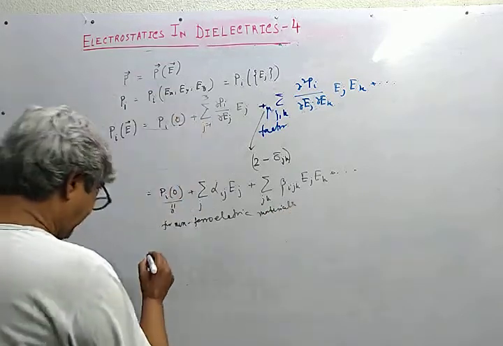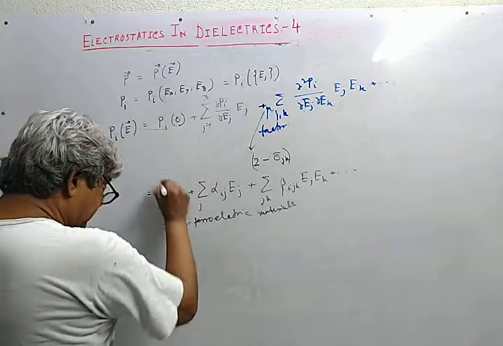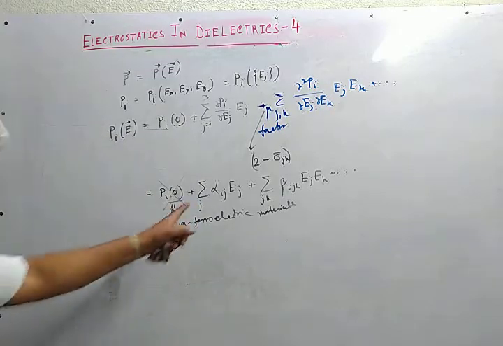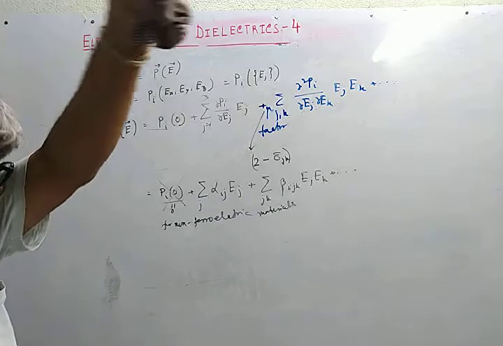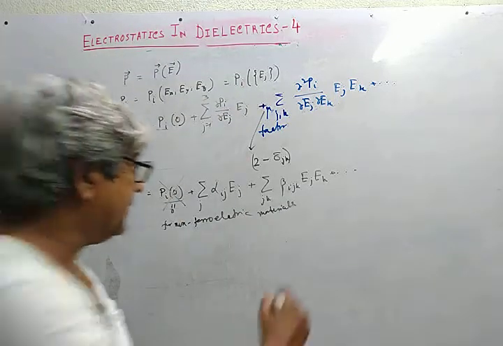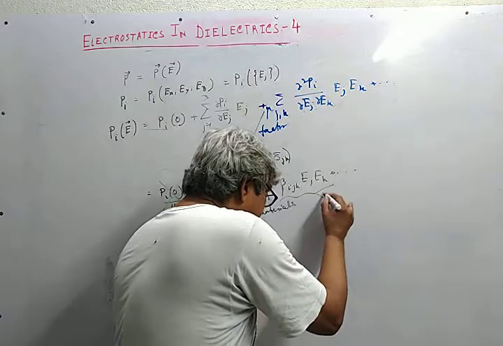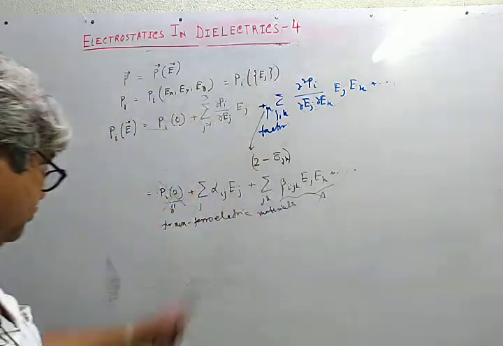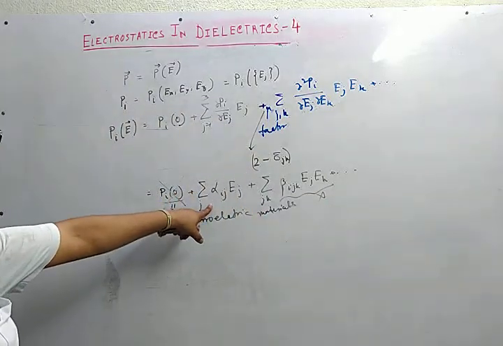So this term is dropped out. Experiments show that if the field E is not too high, one need not consider this part. This can be neglected. So the relation reduces to this.